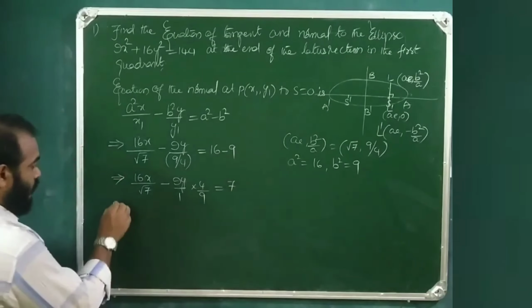Now, the tangent to this ellipse meets the major axis and minor axis at M and N respectively. That means a tangent, for example, at this point, this is the tangent.